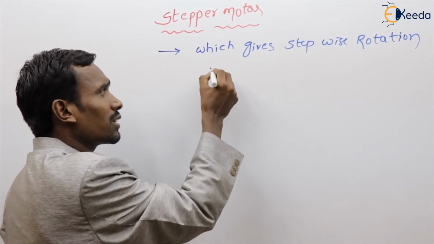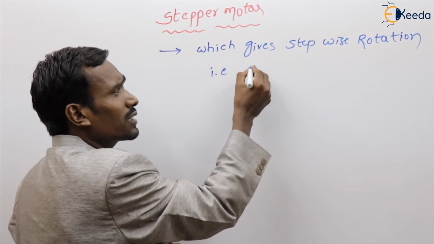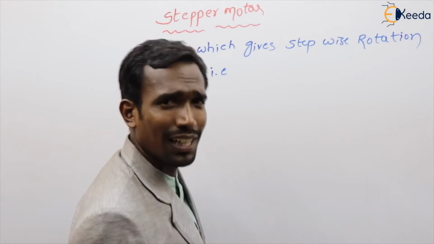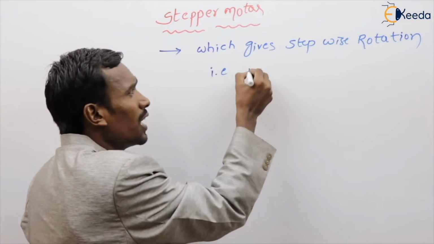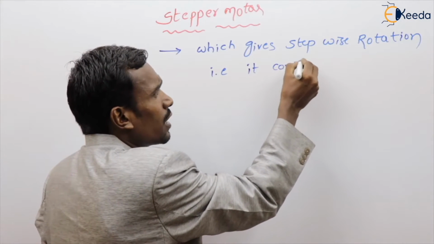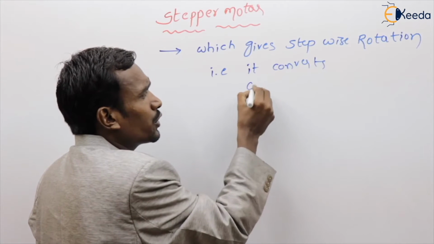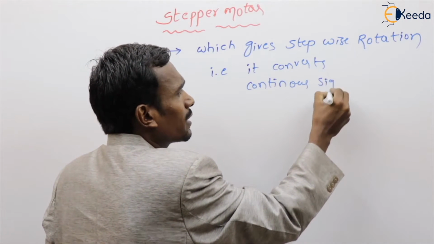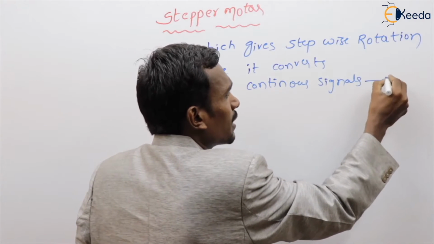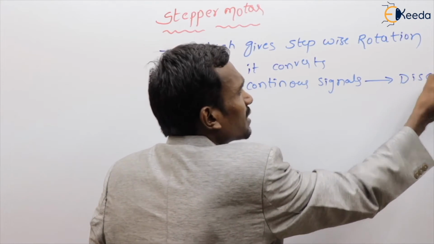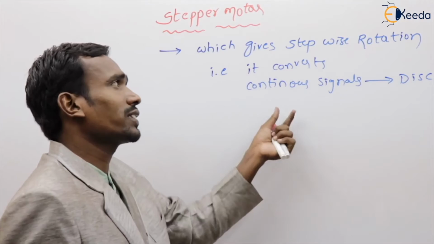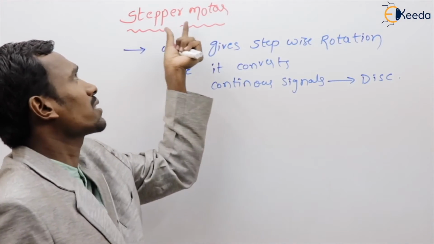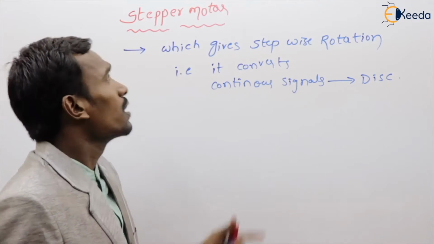That is, it converts continuous signals into discrete signals. That is called the stepper motor.